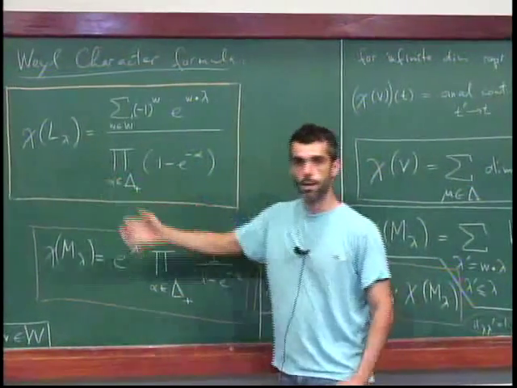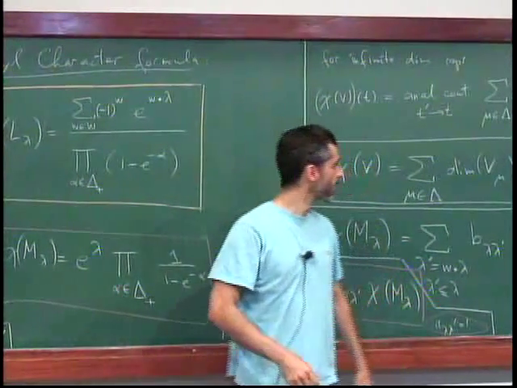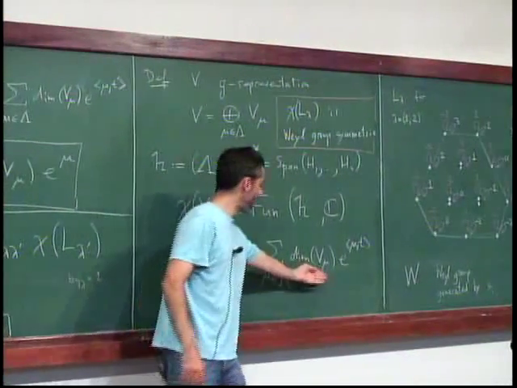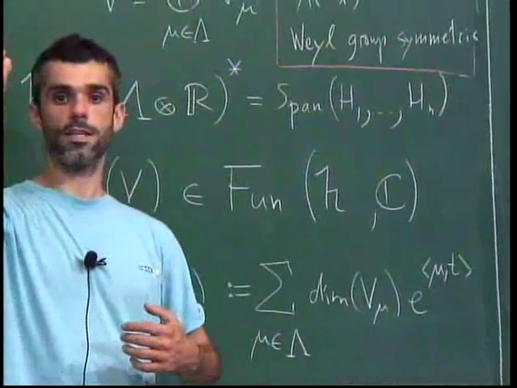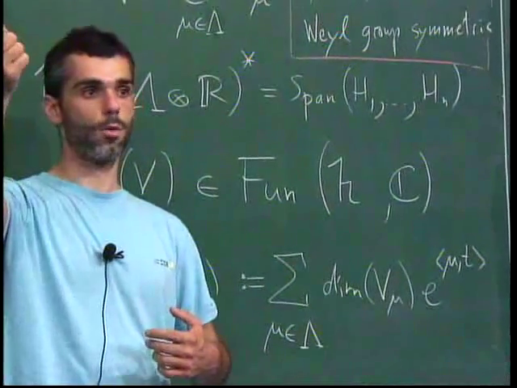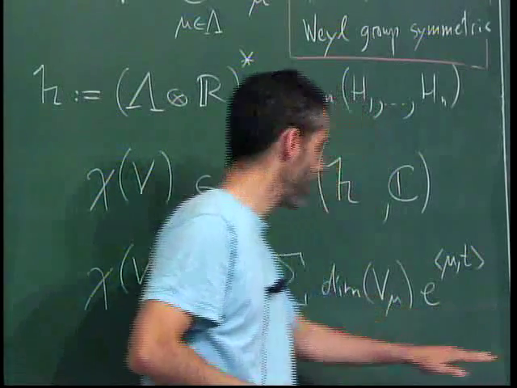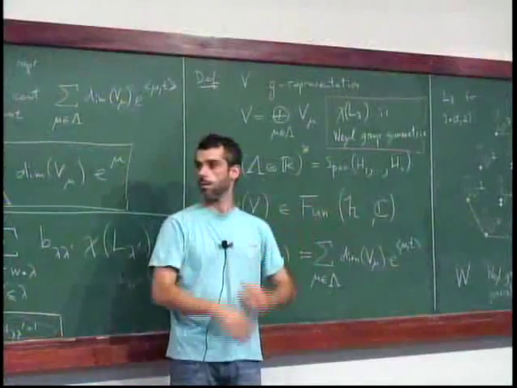If lambda is the trivial representation, the character is equal to 1. Character is defined to be this sum of these dimensions times these things. Well, the trivial representation has only one weight space, which is one-dimensional, which lives in weight mu equals 0. So that term is e to the 0, which is 1, and that term is 1. So you get that the character is the constant function 1.